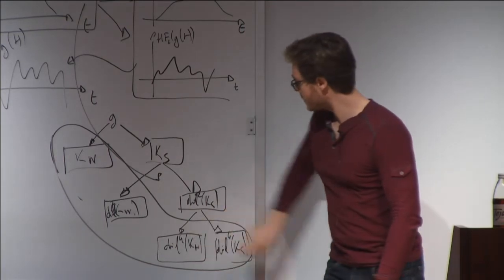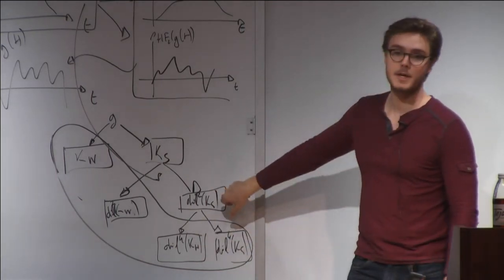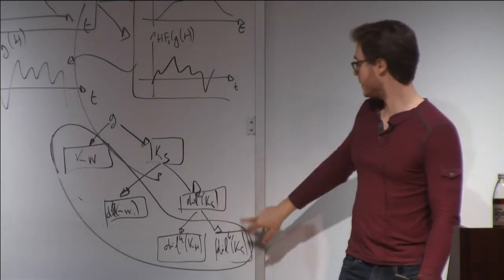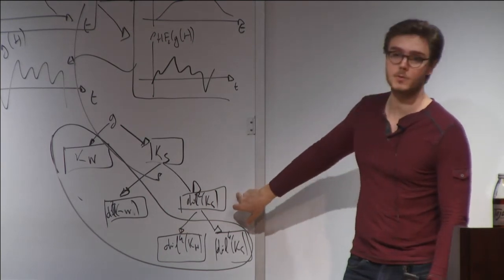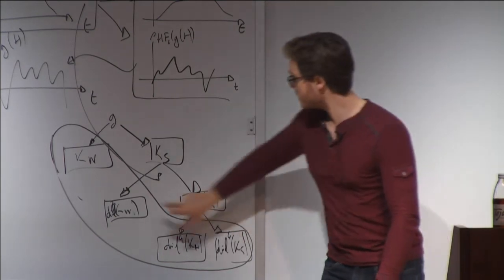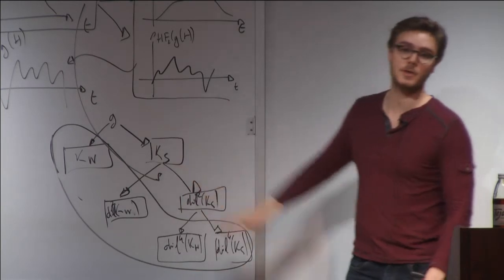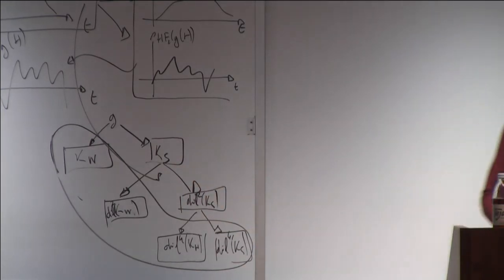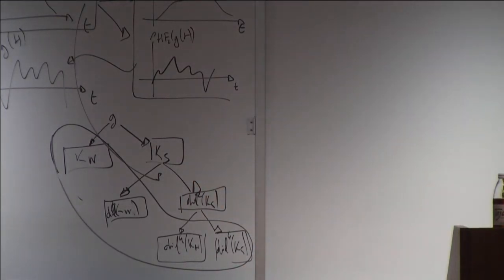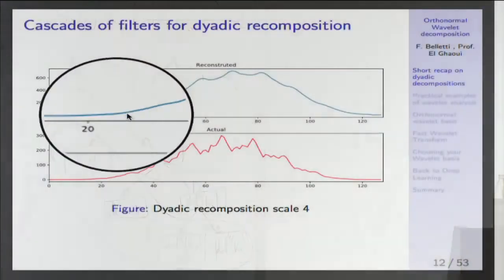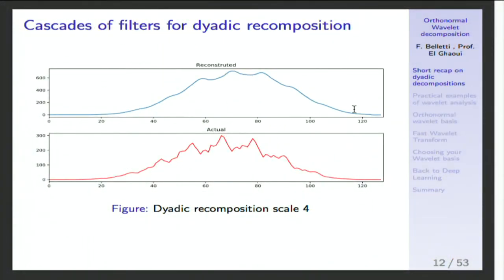So I can take these two components and then reconstruct the scale decomposition that was one before last. Then I take these two components and I can reconstruct this second scale decomposition, which looks like this in practice. So I take my coarsest level of scale decomposition and I recombine it with the details of this level.